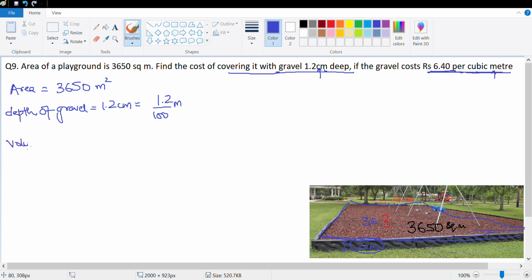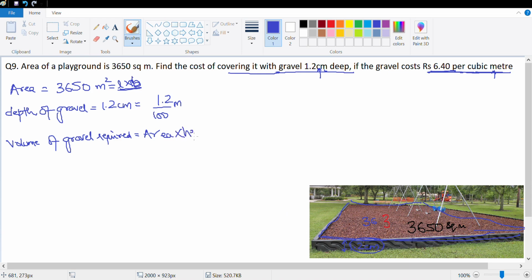So volume of gravel required will be equal to area. In this case, this is equal to length into breadth for my reference and for calculation, just for it to make you clear. This is length into breadth, and the height is already given. Height is given now.